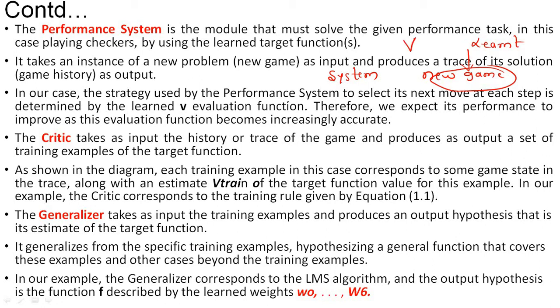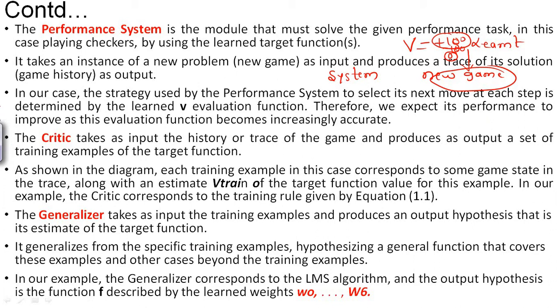Please remember the evaluation function, that is V. We have some real values here: plus 100, minus 100, 0. If the system wins the match, we directly assign plus 100. If it loses, minus 100. If the game ends in a non-final state, or if the game ties, we assign 0.